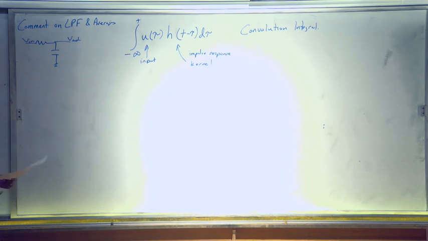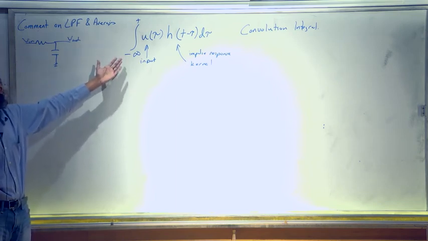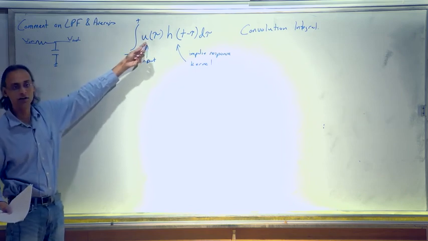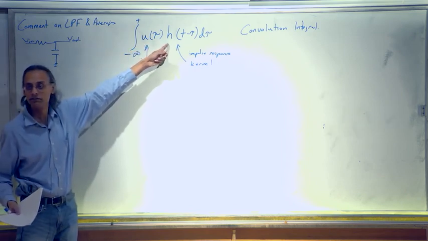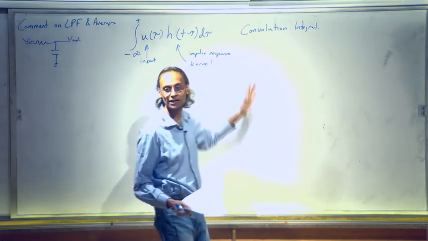It's important to remember that this integral is a fancy generalized average. What's an average? Add a bunch of things up together with some weights. What's an integral? It's a limit of Riemann sums, which are sums, so it's adding up a bunch of these with some weights. So it's like a fancy average. All convolutions are fancy averages.